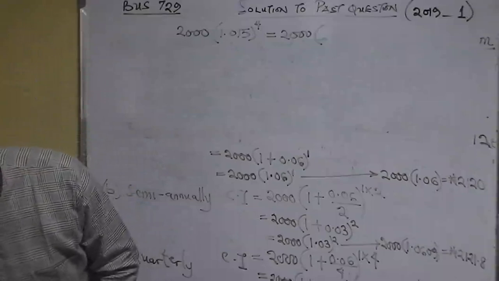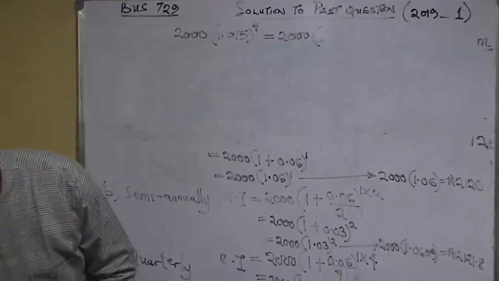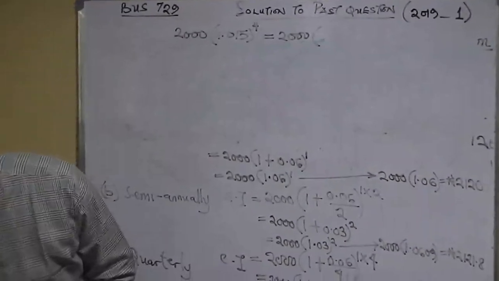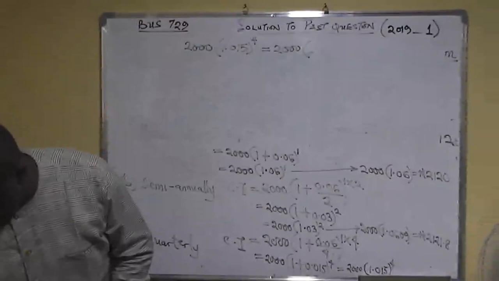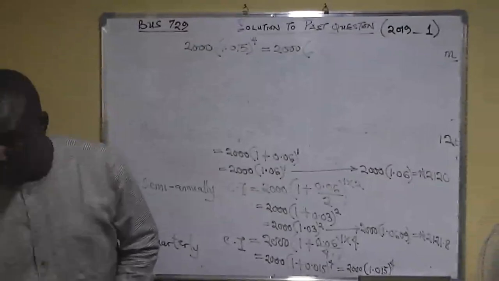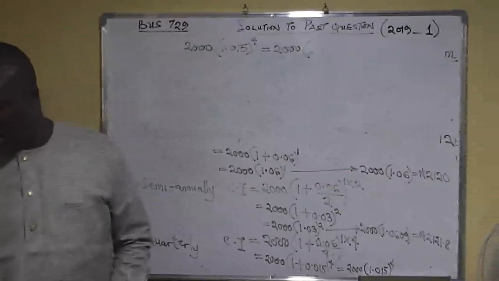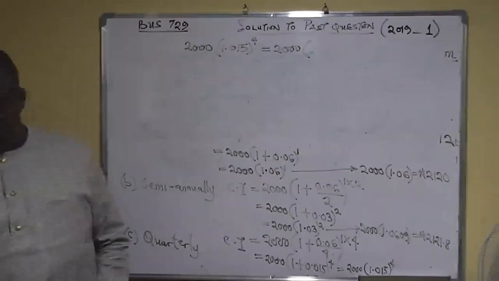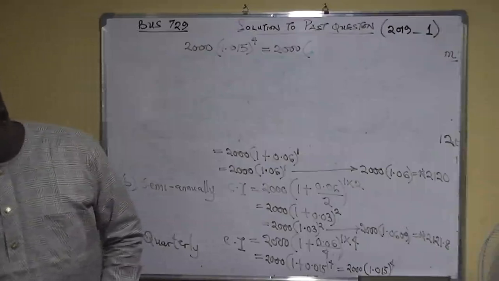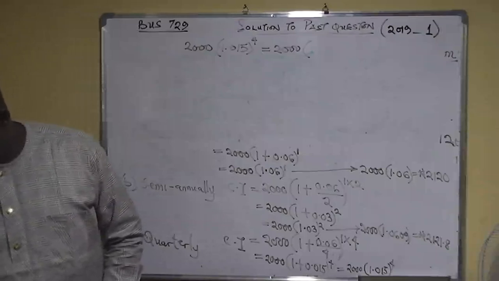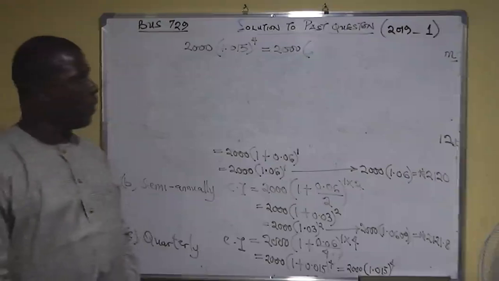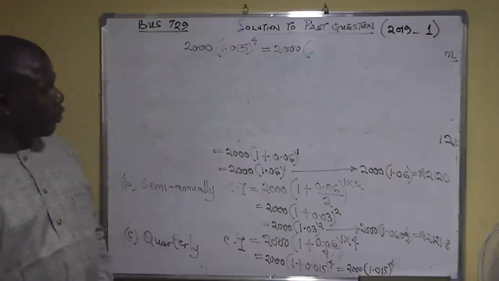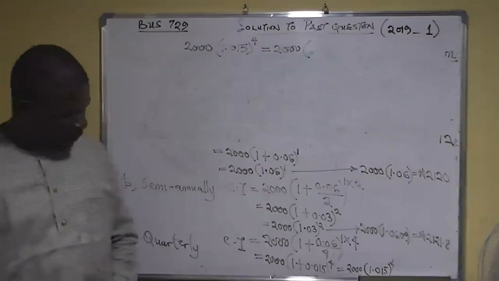Now using your own calculator at the other end, maybe you have gotten the figure. I'm going to have 1.015 raised to power 4.